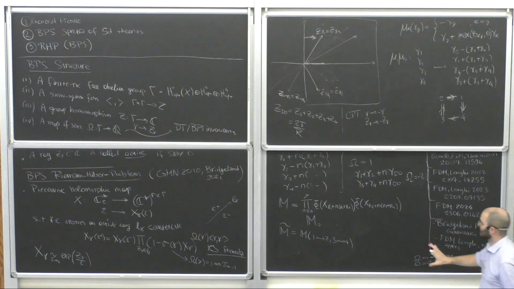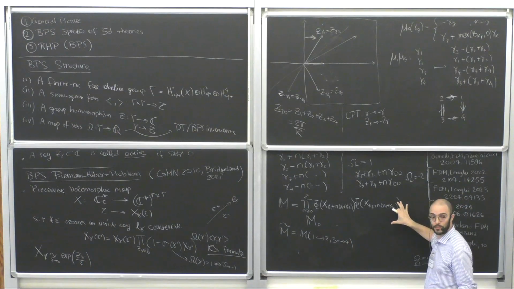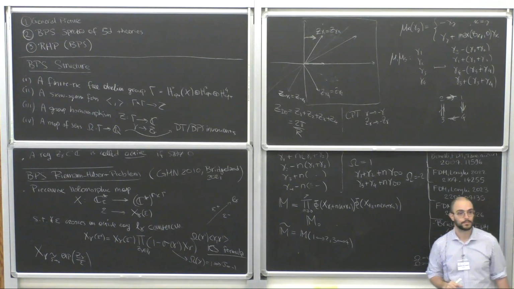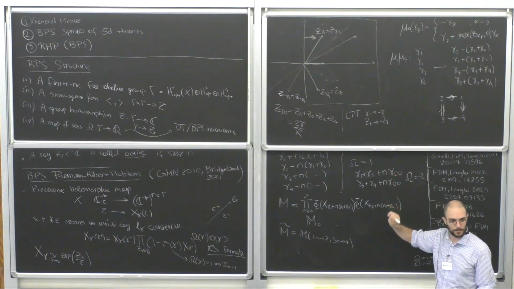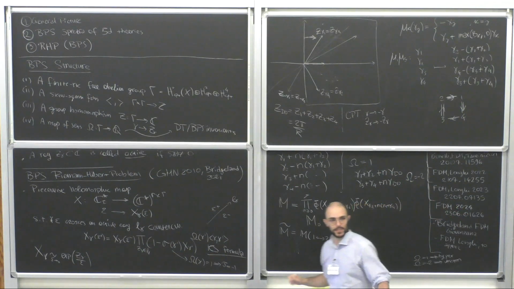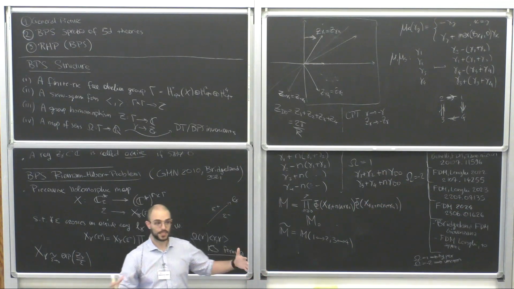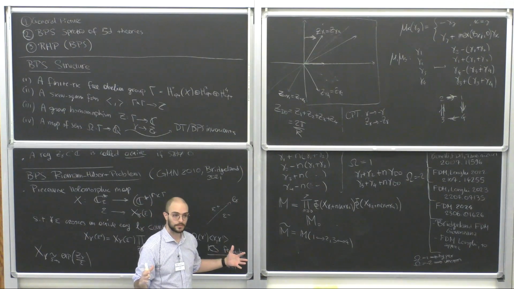But the thing is, it also gives you an exact formula as an infinite product of this invariant thing. Yeah, as I said before, I was just about to get there. As I said before, this determines everything that participates in wall crossing.